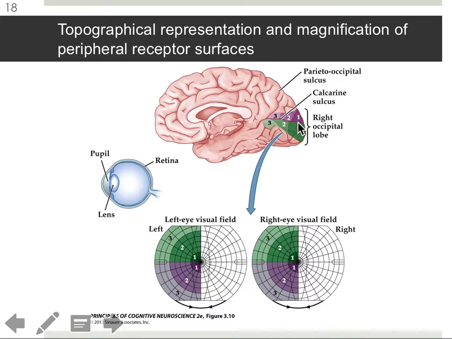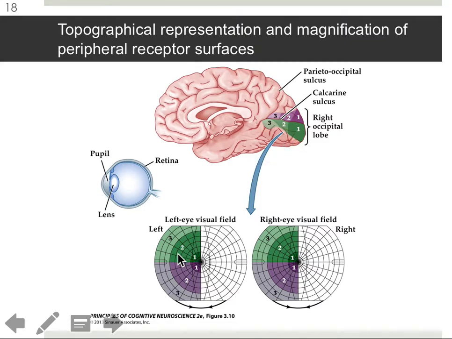From the calcarine sulcus, you can see this concentric circular-like organization of the visual cortex that maps quite well onto the number of degrees away from the foveation point in your visual field.